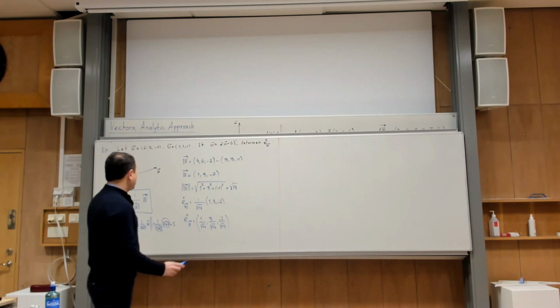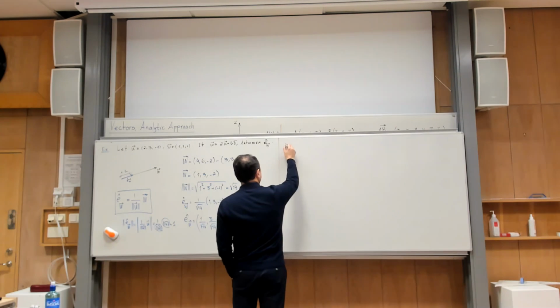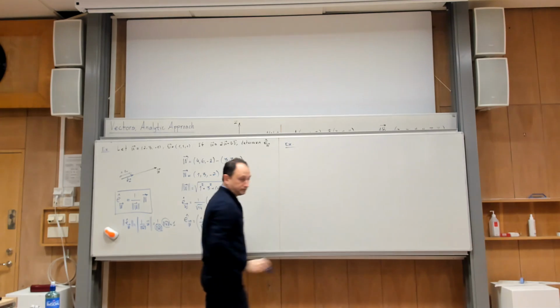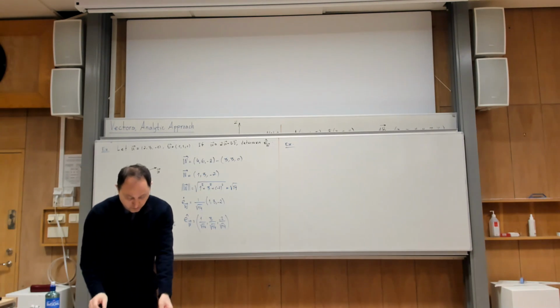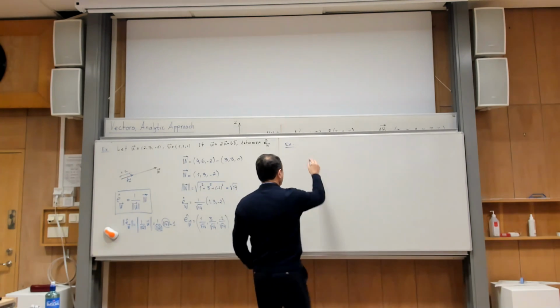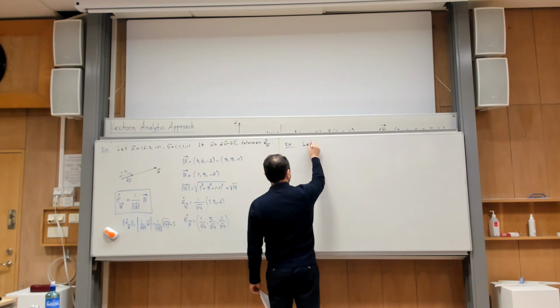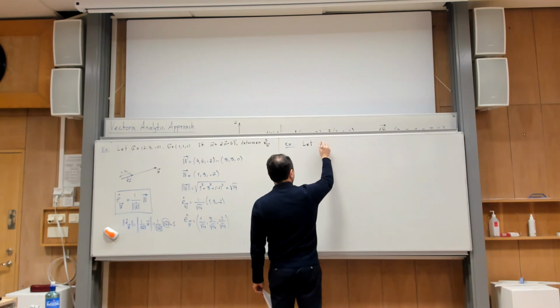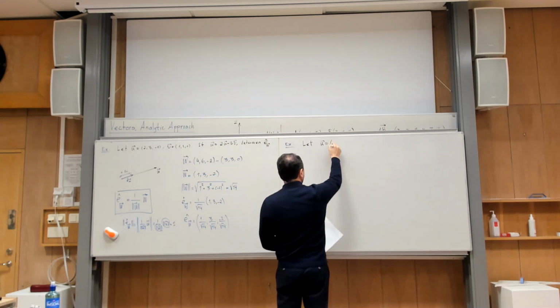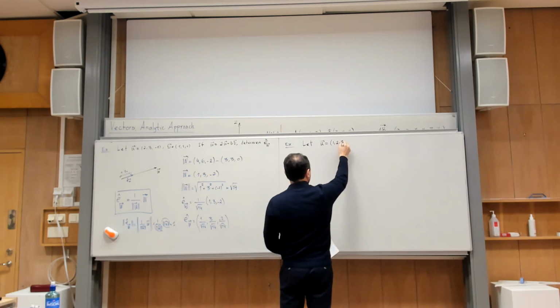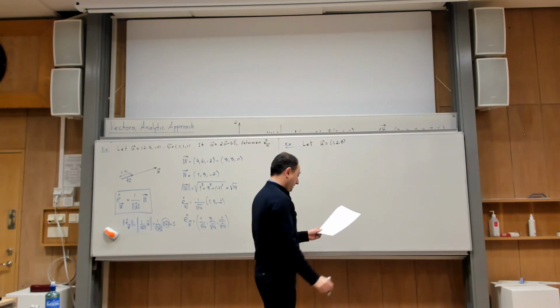Let me give you another example. I want to wait for you to solve it, okay? This is very simple as well. Let us have this vector: for example, vector u is equal to (1, 2, 3). The components are 1, 2, and 3.